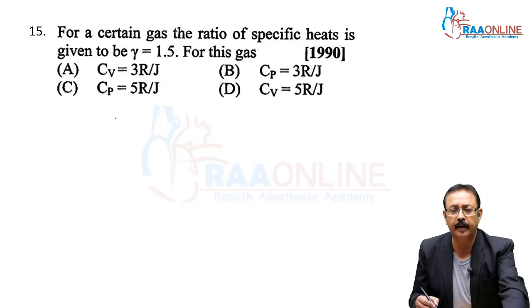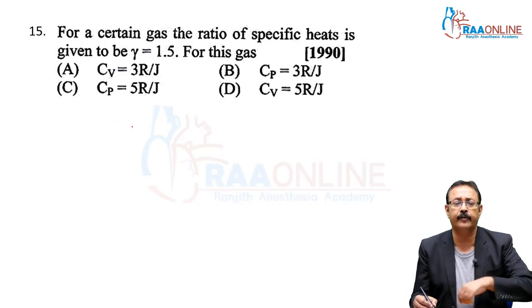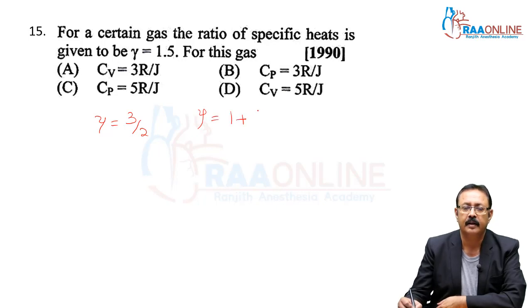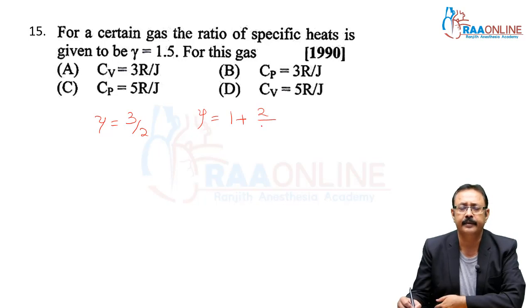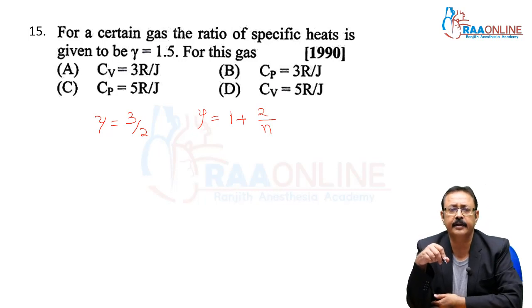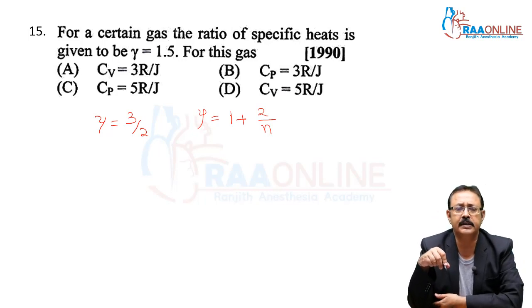They are saying gamma is 1.5, which means 3 by 2. You know that gamma is equal to 1 plus 2 by n.